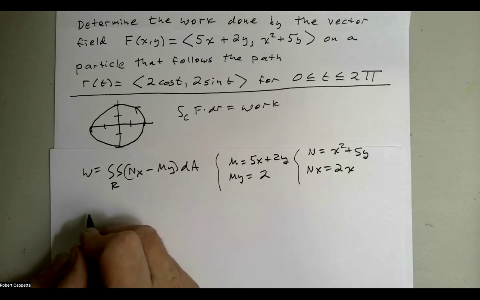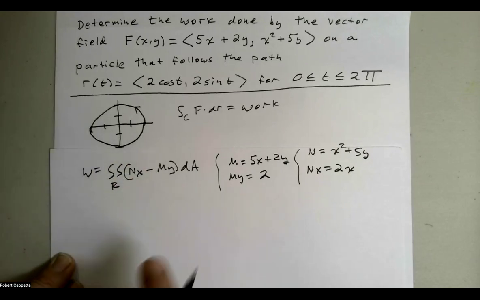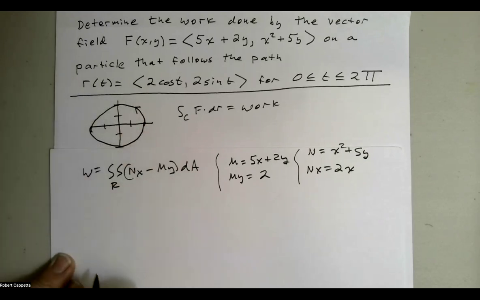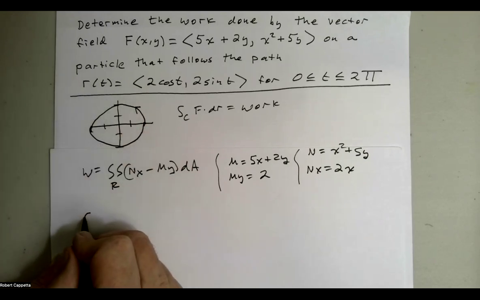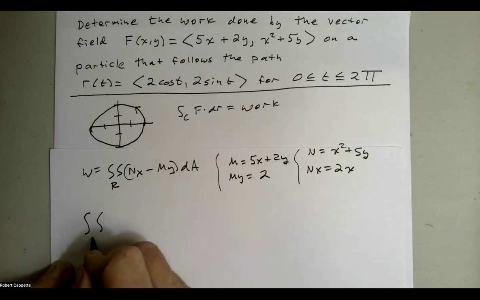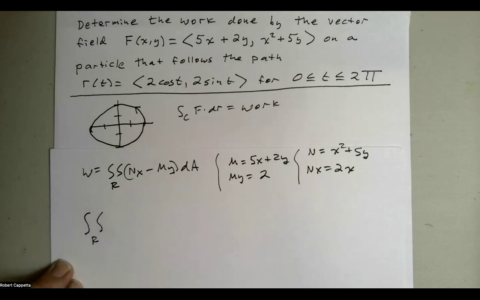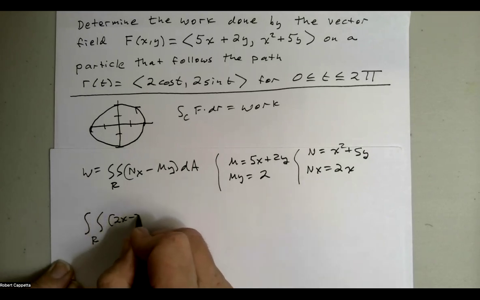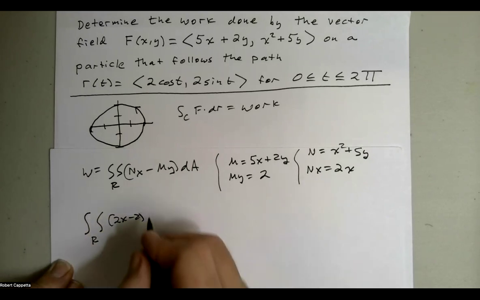So my work will be, again, a simply connected, piecewise smooth curve. We integrate over the boundary to find the work that's done, or we do the double integral over the entire region to find the work that's done if it satisfies the conditions of Green's theorem. So the double integral over the region R of N_x minus M_y, 2x minus 2, dy dx.